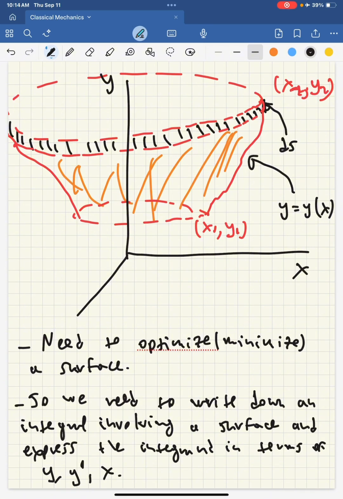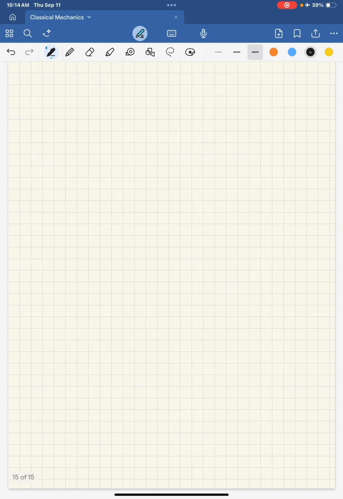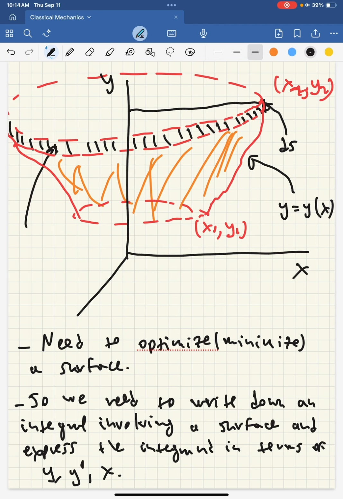Okay, so that's a piece of that line, right? And then if we unroll this strip, you can think about the infinitesimal area.